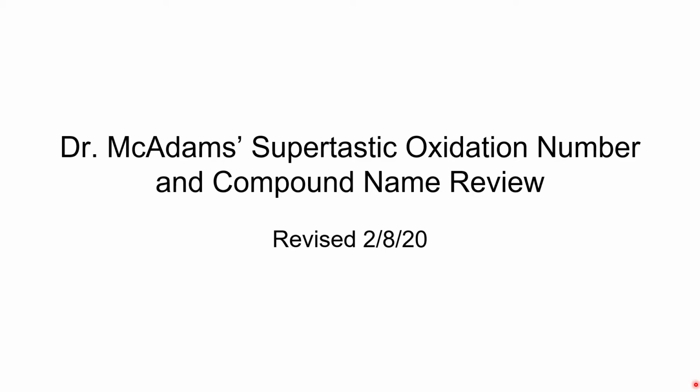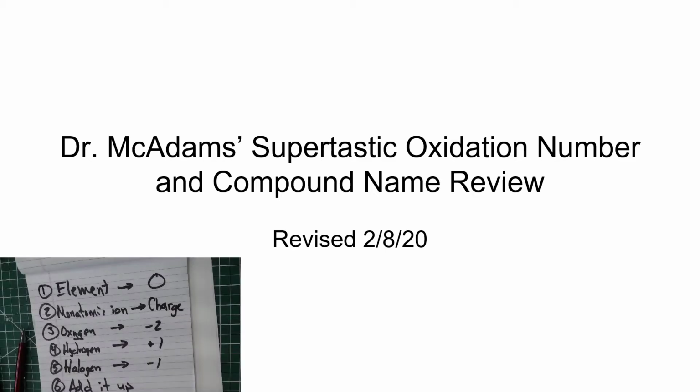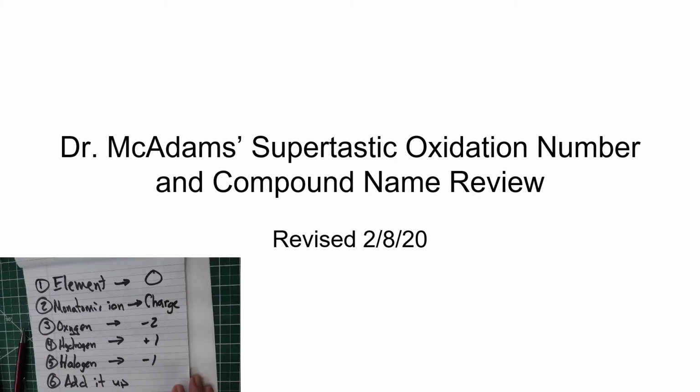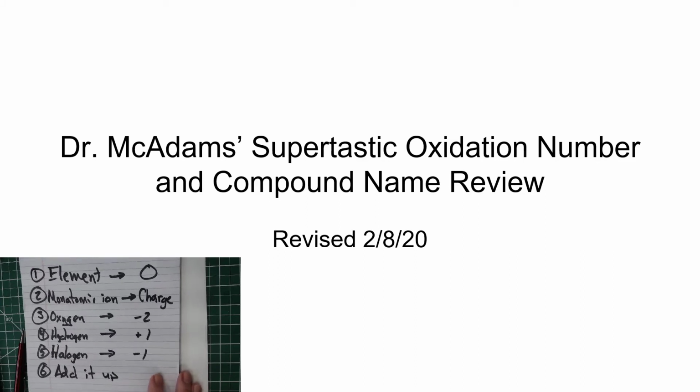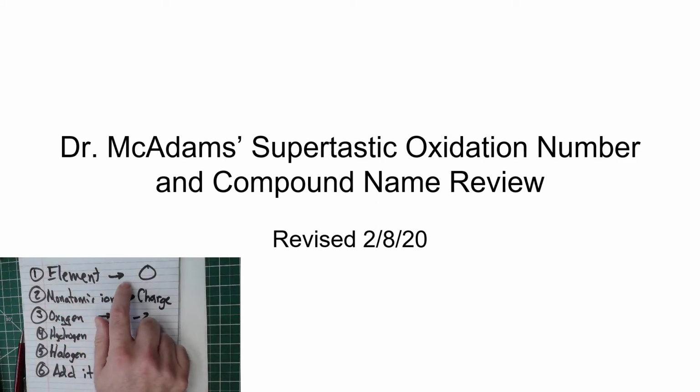All right, and I have another little document here that I wanted to include. I'm going to put it here. Let's see. There it is. So I have written down the short version of each of these rules.